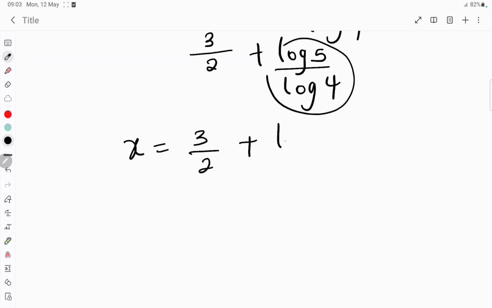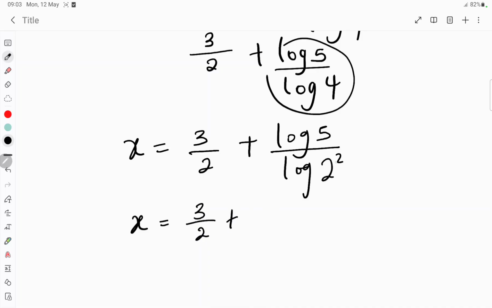We can still write this as log 5 over log 2 squared, applying the previous one, which will give you x is equal to 3 over 2 plus, this 2 will now multiply the log. It will now be log 5 over 2 log 2.